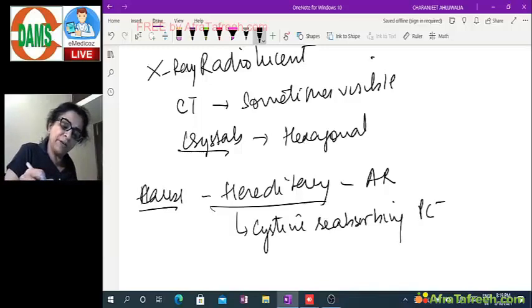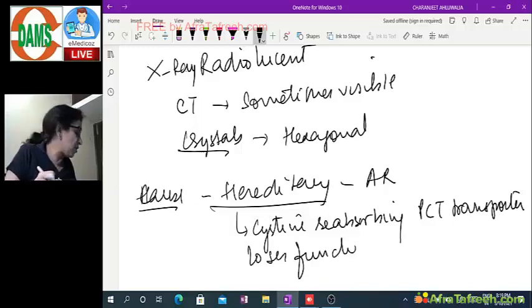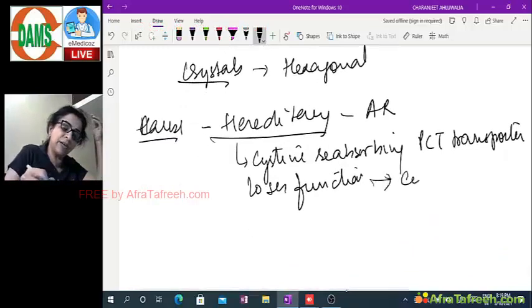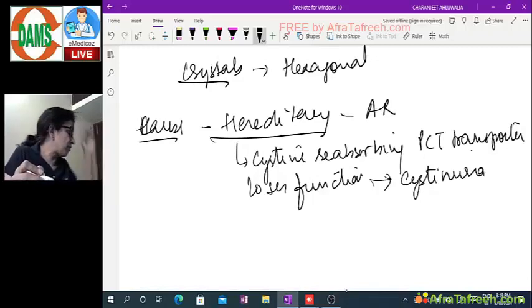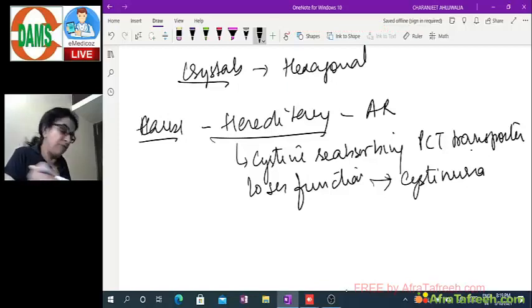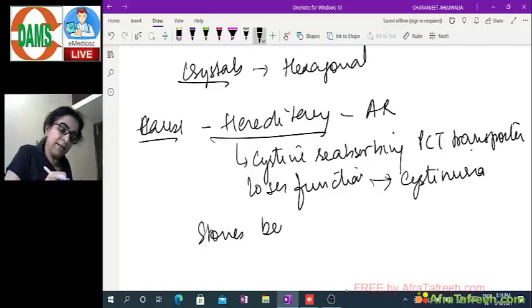So its function is lost, and that is why cystine is not reabsorbed, and this results in cystinuria and stone formation. This is usually hereditary, and these stones begin in childhood.